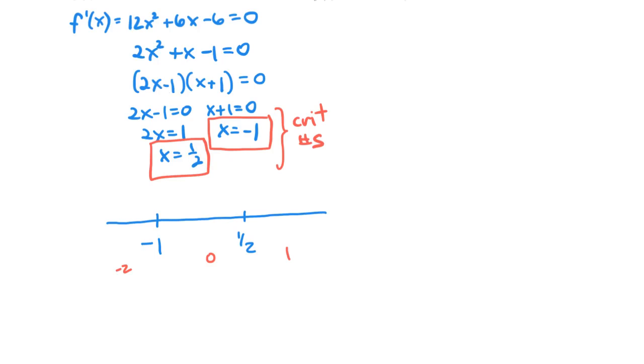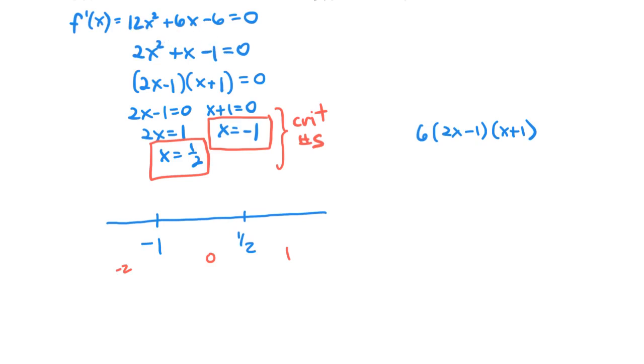So what I'm going to do is do kind of like we did before. Let's just put the whole derivative over here: 6 times 2x minus 1 times x plus 1. So this is our derivative, because if I FOIL here and then distribute the 6 through, we'll get right back to our derivative.